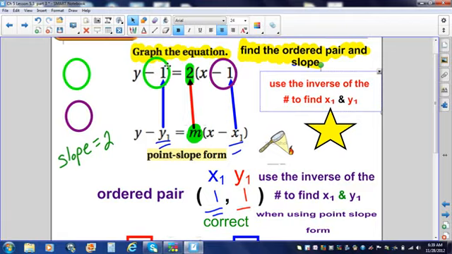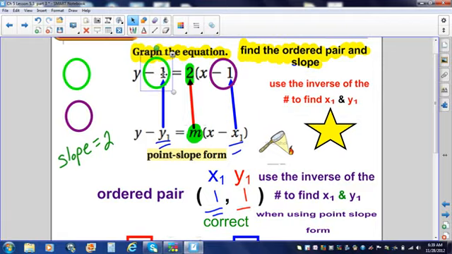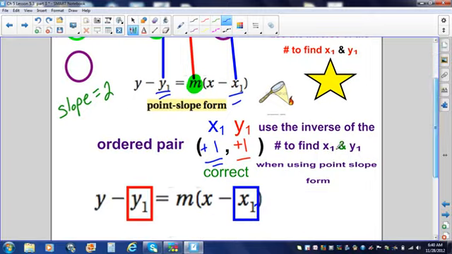The inverse of -1 for y is 1, or you could say +1. The inverse of -1 under x is +1. So I'm going to do the inverse of these numbers to get my ordered pair. That will come out correct.